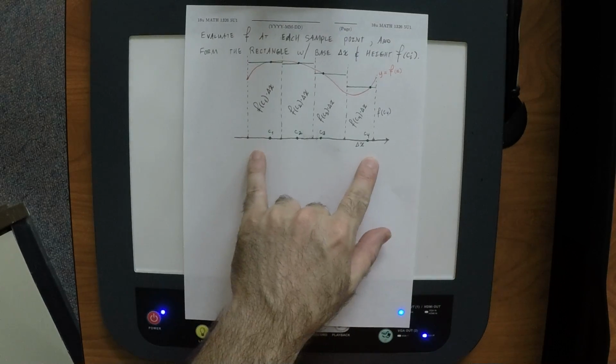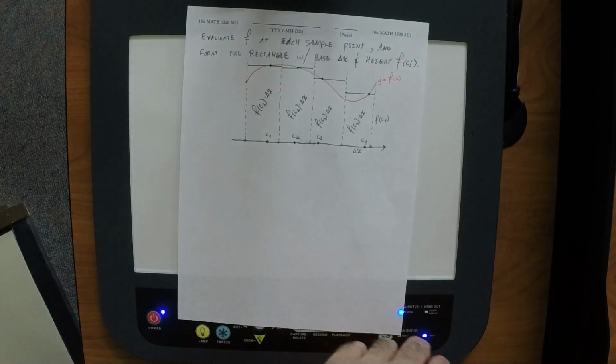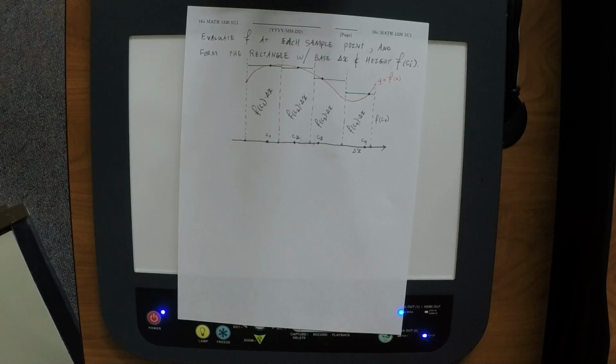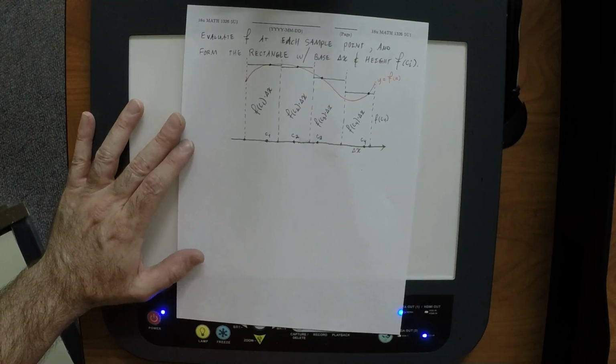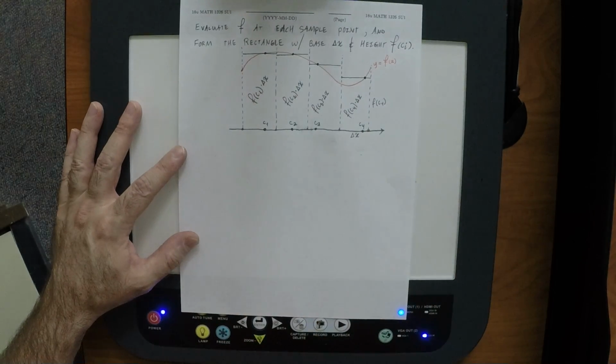I'm saying it's not clear if it is an underestimate or an overestimate, because we were randomly choosing the c's. It's just an estimate. But if we used more rectangles, there would be a better estimate. Okay? Good.